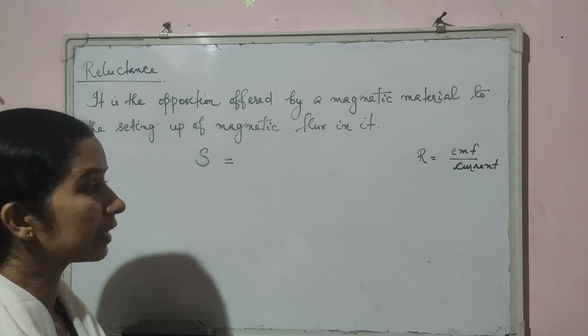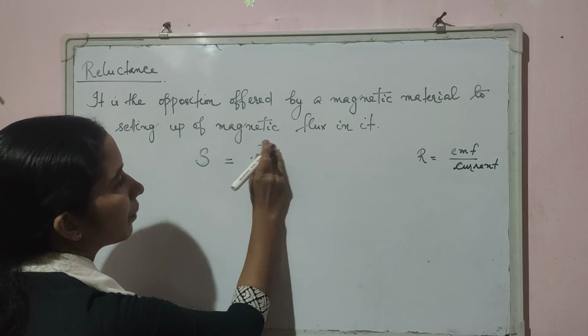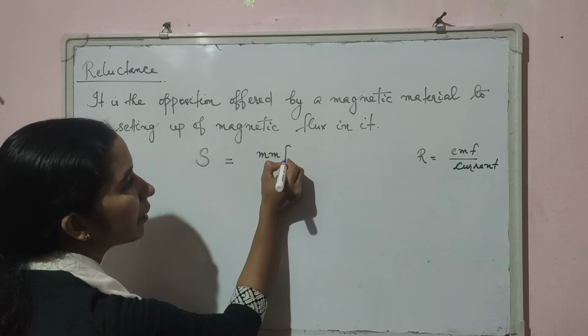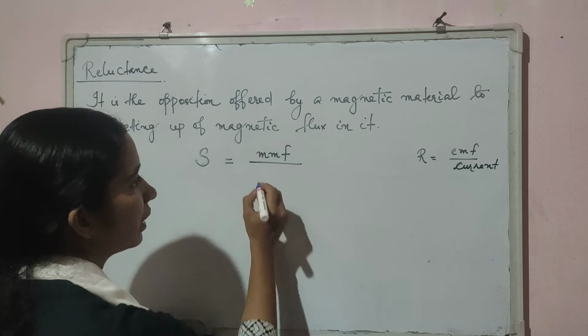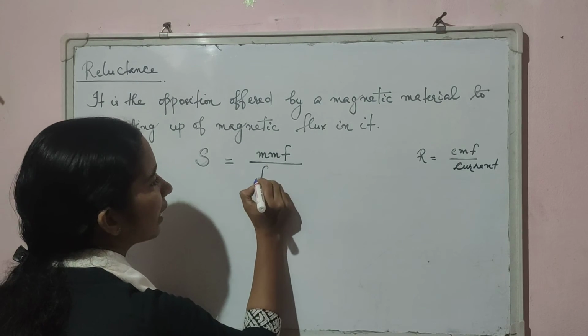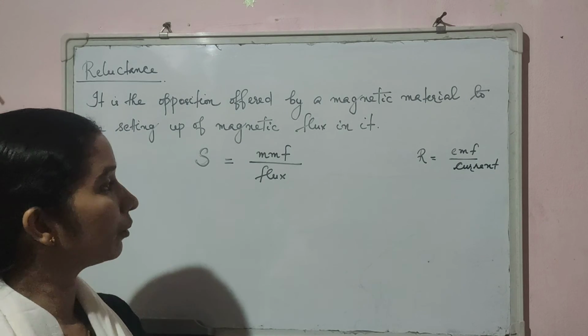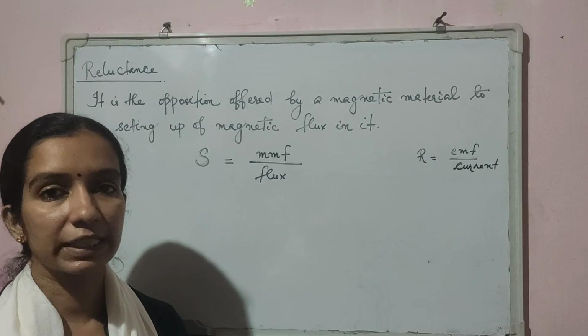Similarly, in a magnetic circuit, this reluctance will be equal to MMF, that is magnetomotive force, divided by flux. The equivalent of current in a magnetic circuit is flux, the magnetic flux.